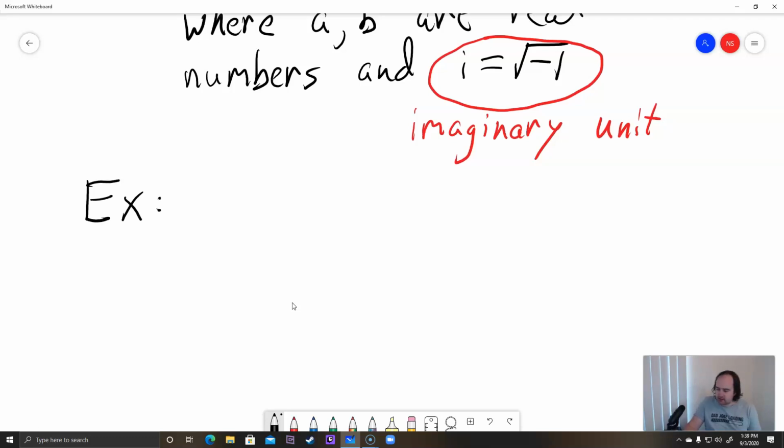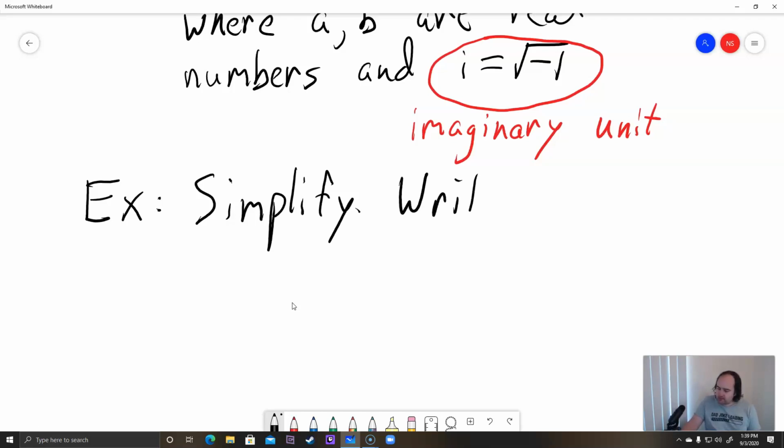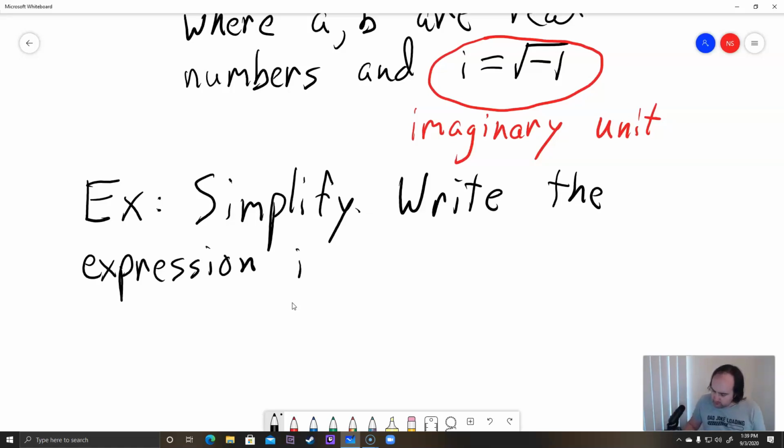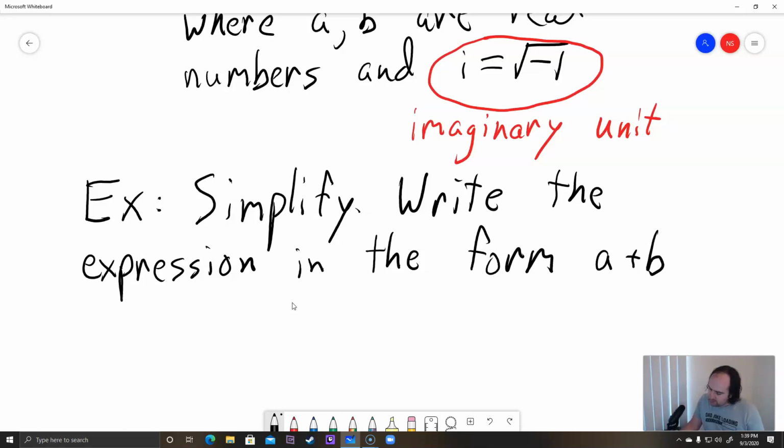The instructions here are: simplify. Write the expression in the form a plus bi.